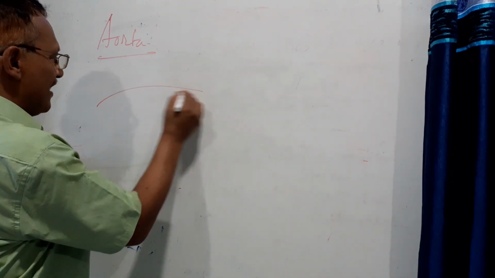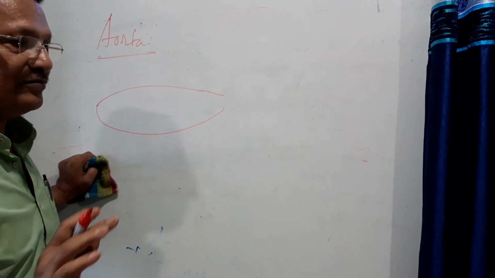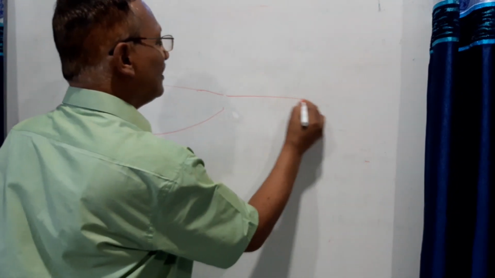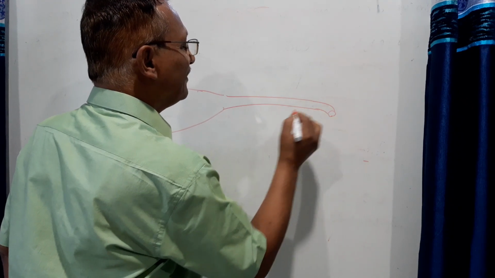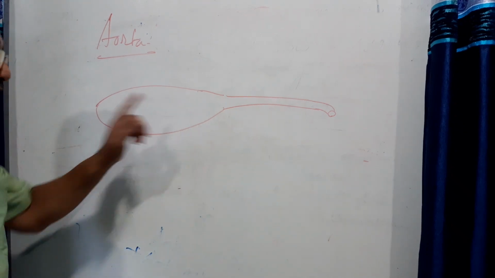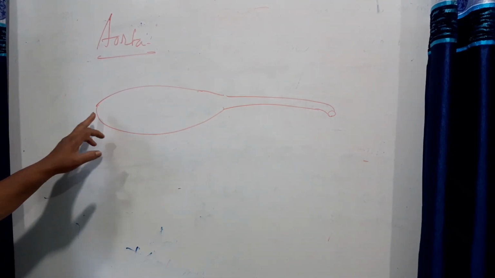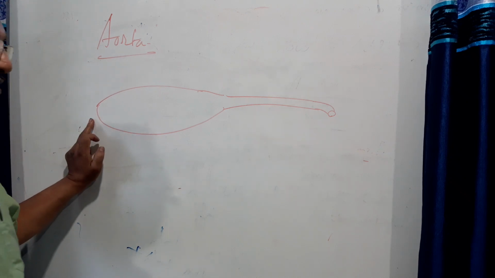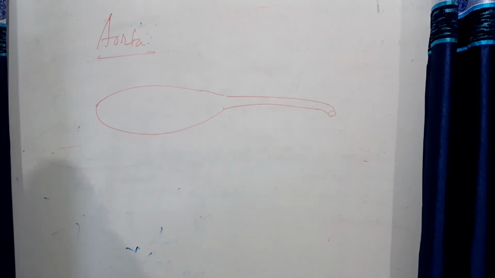So you see, suppose this is the heart, in front of the heart the dorsal vessel is called aorta, and it is generally open, though the posterior portion of the vessel is closed.